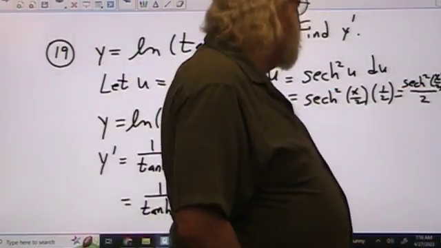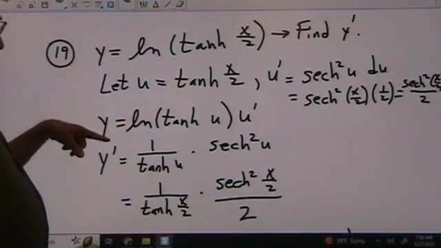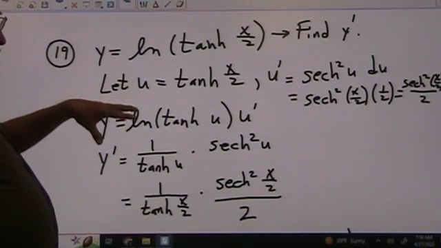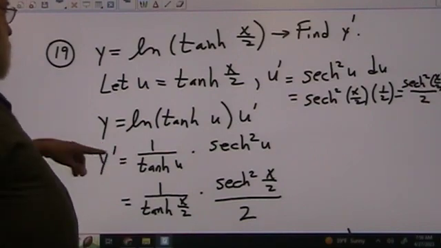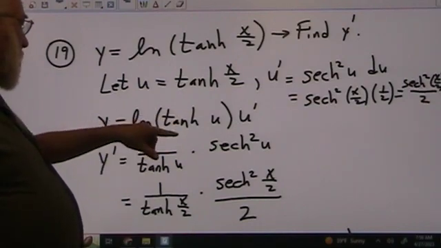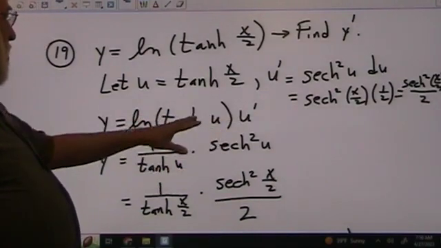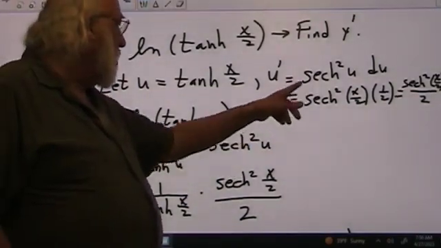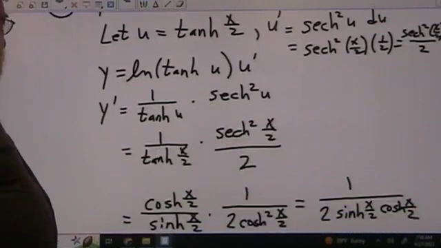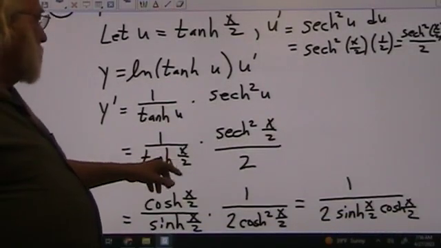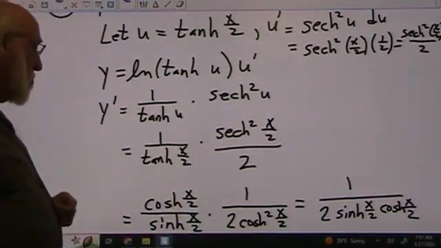So that's going to give us sech squared of x over 2, over 2. Then we plug that in here. The derivative of natural log of u is 1 over tanh u times u prime, which we said is going to be this. We plug in this stuff there, and we get 1 over tanh of x over 2 times this thing right here, which is what we found that to be equal to.